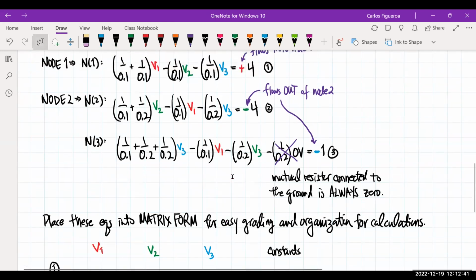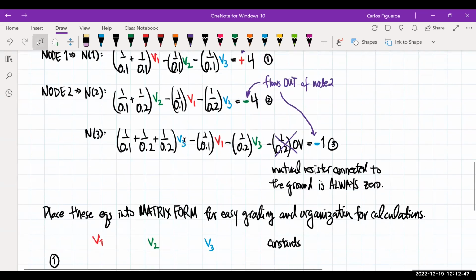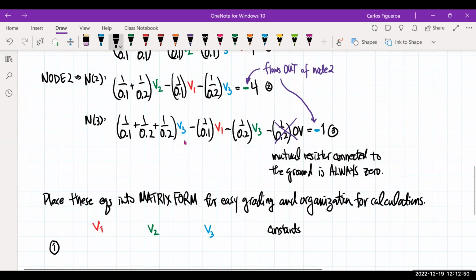If I look at equation 1, you can see that I got 0.1 here. So I'm going to write this down now. What this tells me is that I'm going to get 0.1, and this term is V1.